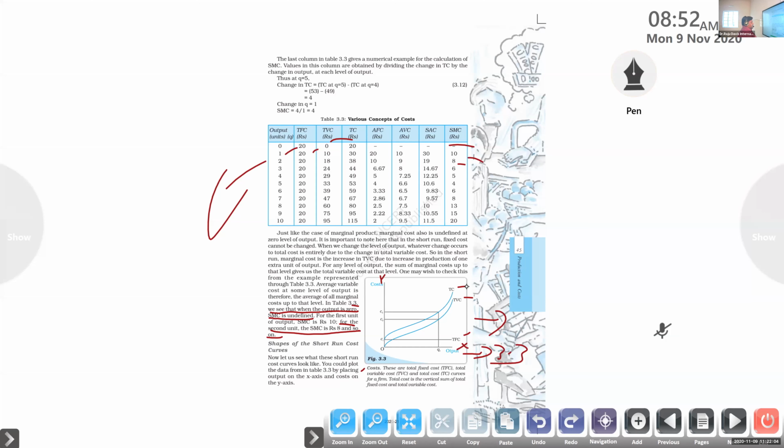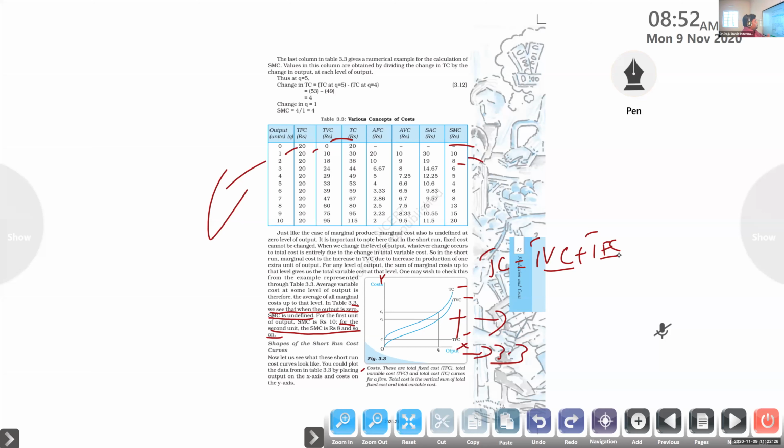Total cost is the vertical sum of total fixed cost and total variable cost. So we know that TC is always equal to TVC plus TFC, variable cost plus fixed cost.